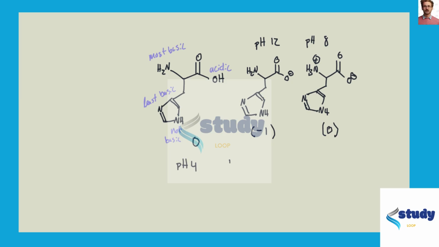Right? Carboxylic acid will still be deprotonated, right? It's fairly acidic. Even at pH 4, it's going to be negatively charged. Our most basic amine will still be protonated, right? We're getting more acidic. There's no reason for it to become less protonated.